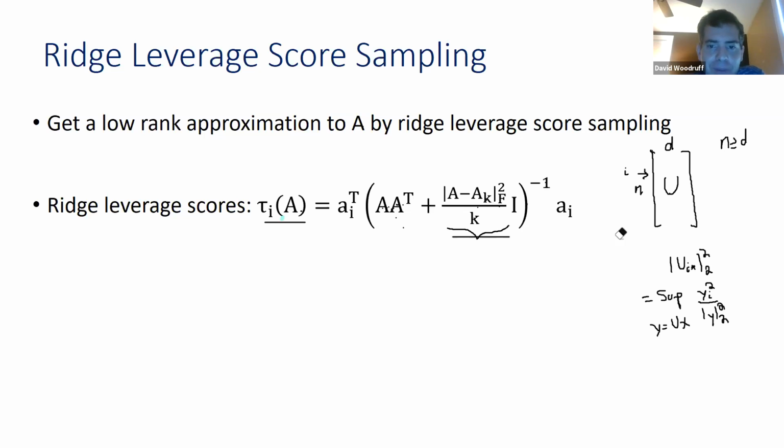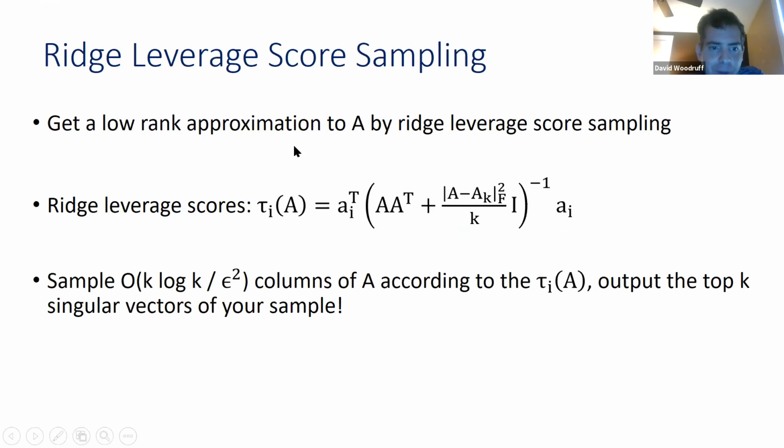And what is known about sampling rows of your matrix A by these ridge leverage scores independently? Well, what's known is the following. It's a very cool property. If you sample k log k over epsilon squared columns of A according to the ridge leverage scores, and then you simply output the top k singular vectors of your sample, boom, you're done.